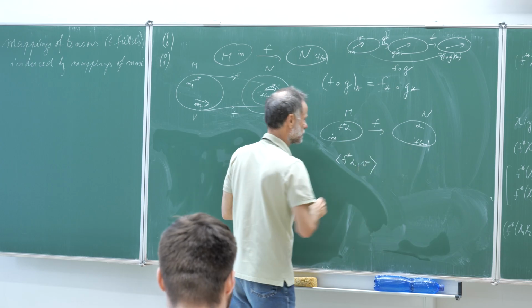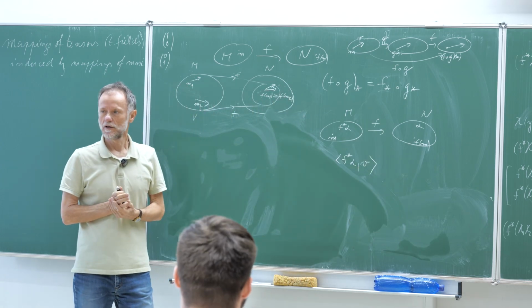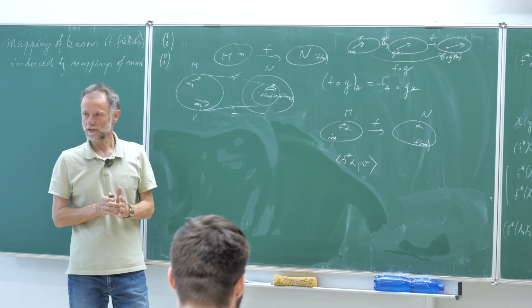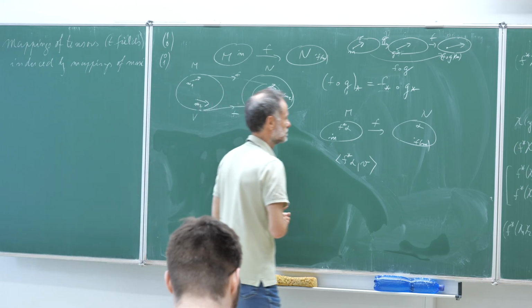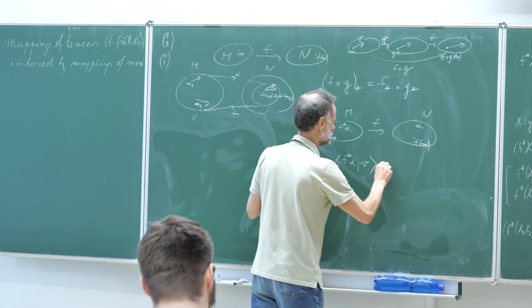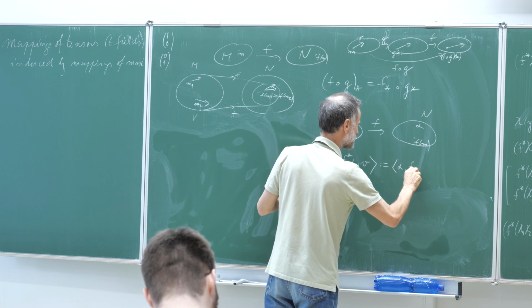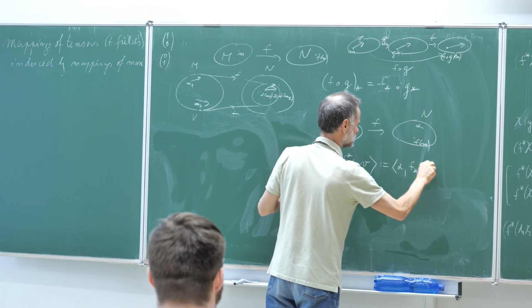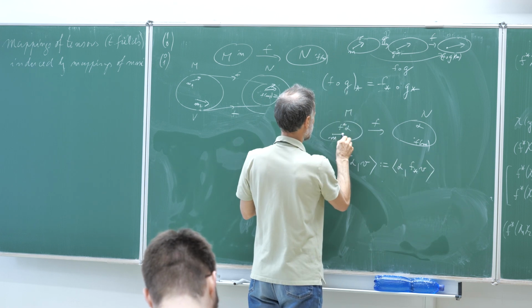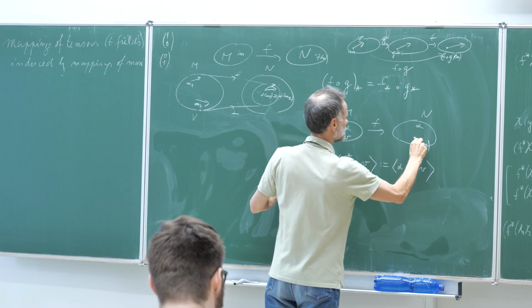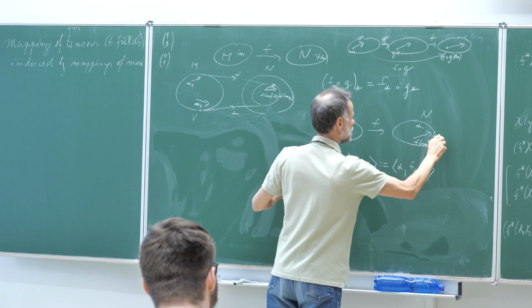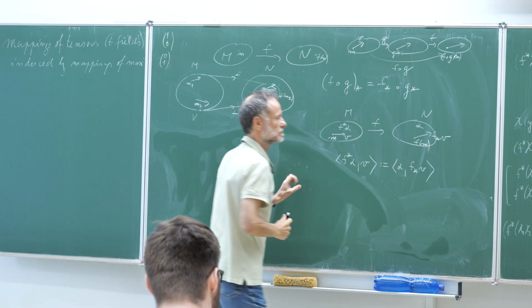So we need to define this, where v is a vector at m. And the definition is that it is alpha on the push forward of v. So here you have our v, here we have the push forward of v.